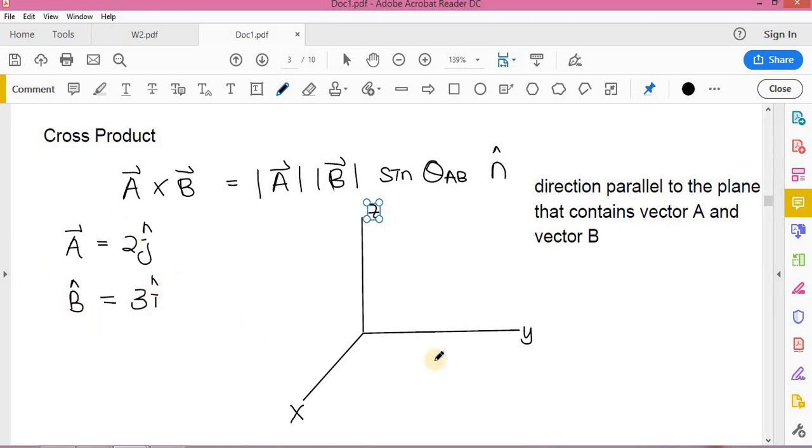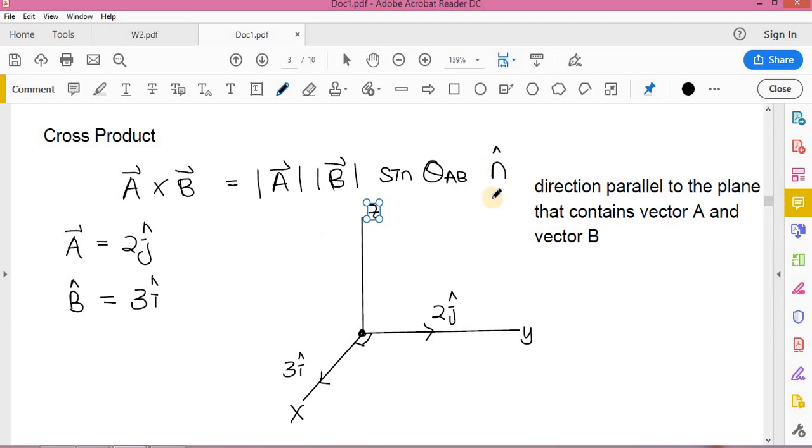So we put this vector here, A is 2J, and 3I is here. The angle will be 90 degrees in this case, which is very easy to identify. The magnitudes are 2 and 3.